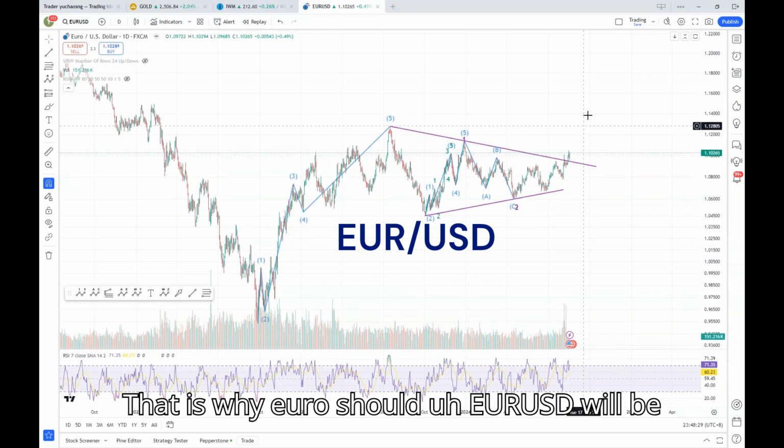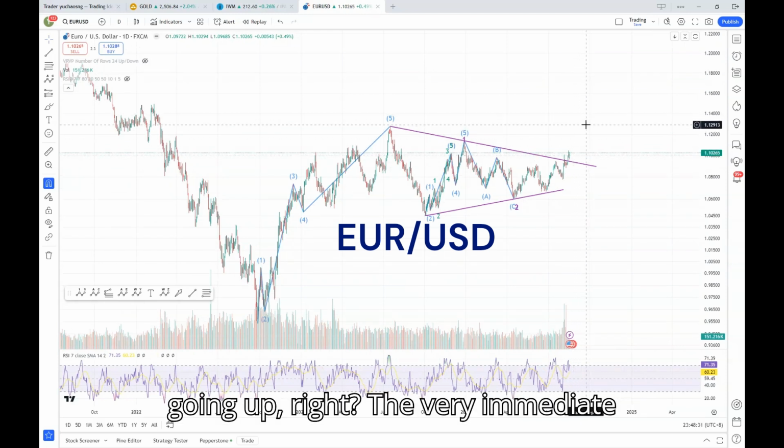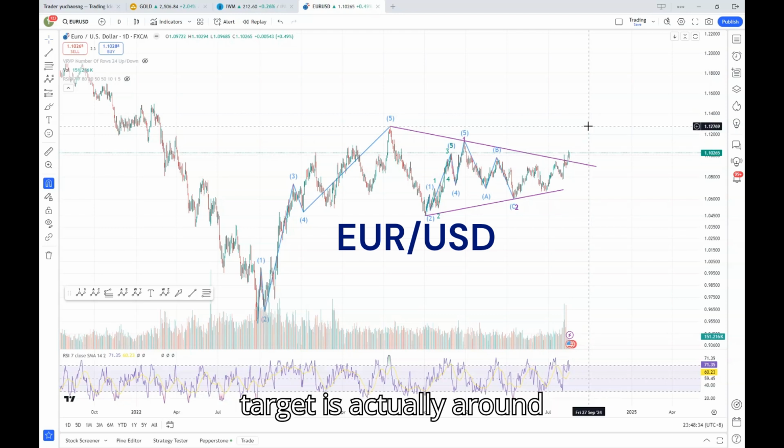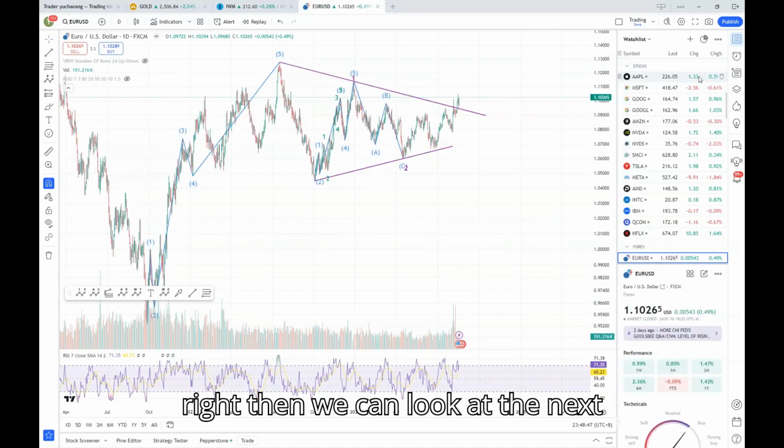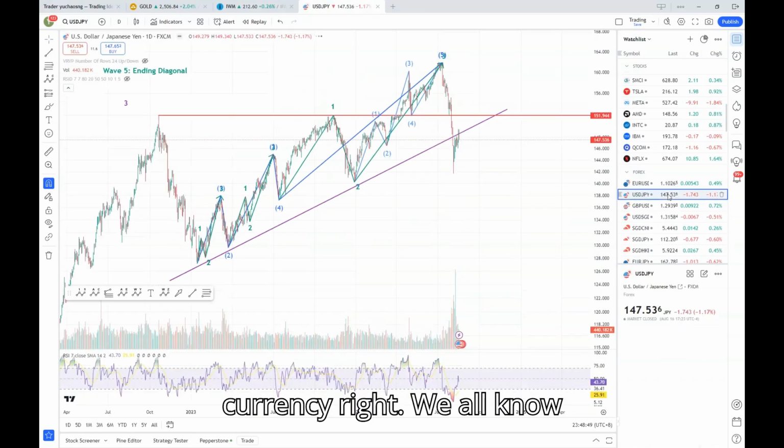That is why EUR/USD will be going up. The very immediate target is around 200 pips up.